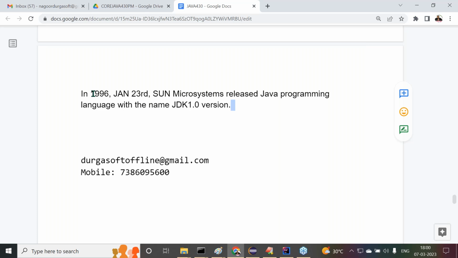But from the 11th version onwards, inside companies, Java is licensed. For students and individual development, for the sake of knowledge transfer, Java is freeware. They are not putting any license over it. But if you want to use it in any company from the 11th version onwards, Java is licensed.